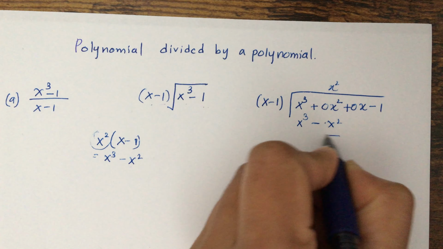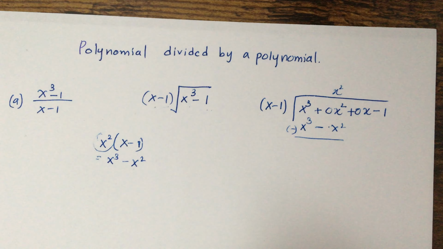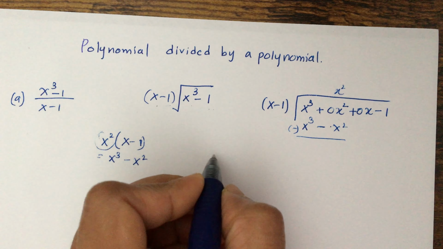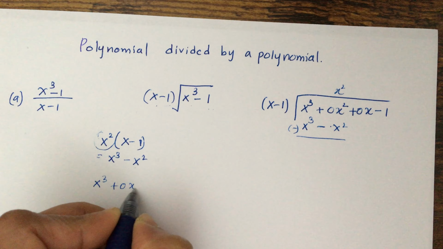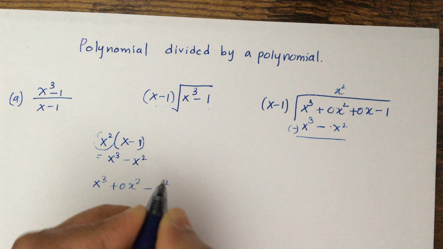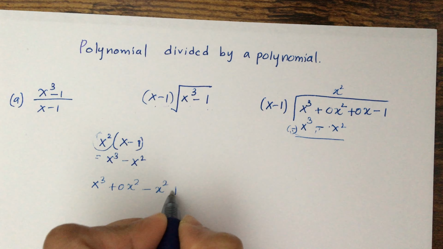Then you have to do the subtraction. How do you perform the subtraction? Here you have x to the power 3 plus 0 times x squared, minus these two terms. So that is x to the power 3 plus 0 x squared minus x to the power 3, and this one is negative, so it is positive x squared.